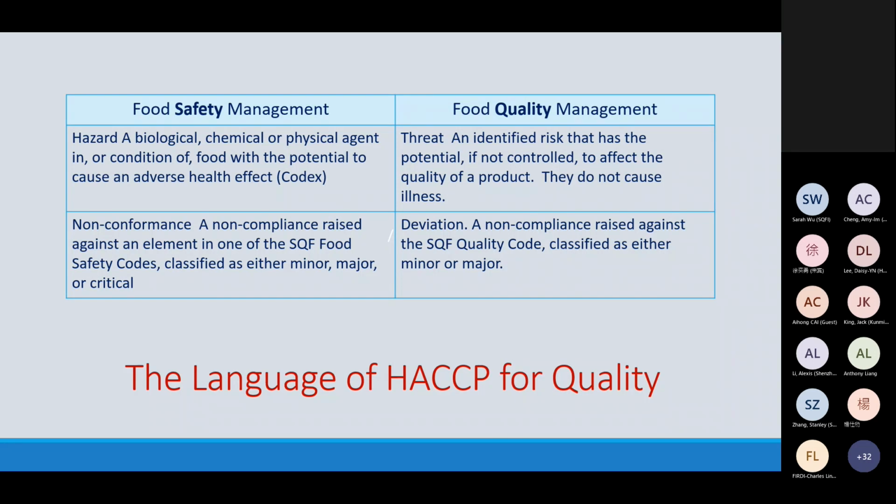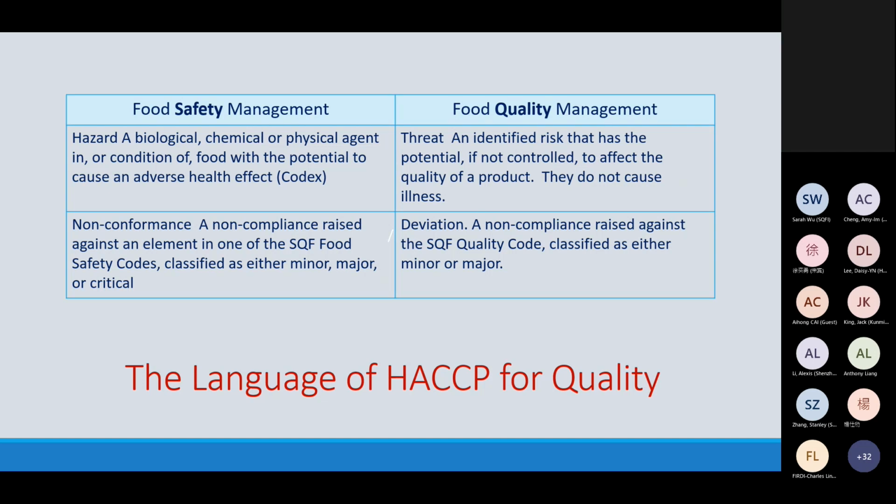Whereas in food quality management, we use the term threat rather than hazard, just to differentiate between quality threats and food safety hazards. It's an identified risk that has the potential, if not controlled, to affect the quality of a product, but does not cause illness. So food safety management is a hazard, food quality management is a threat.